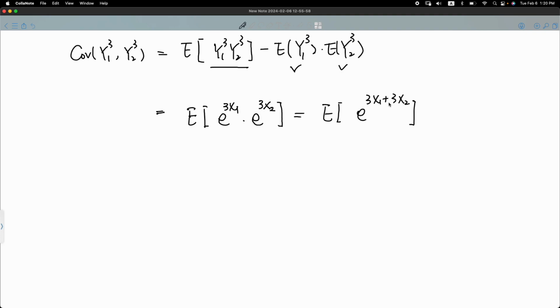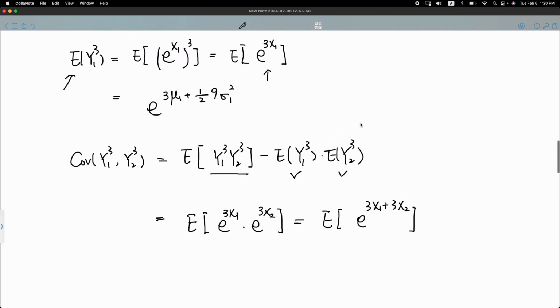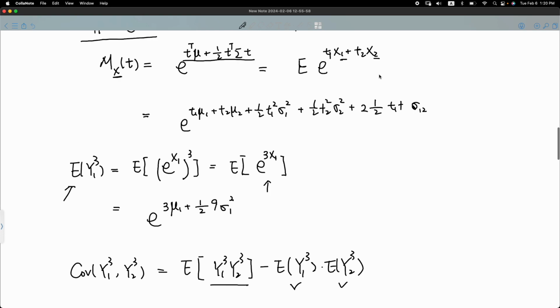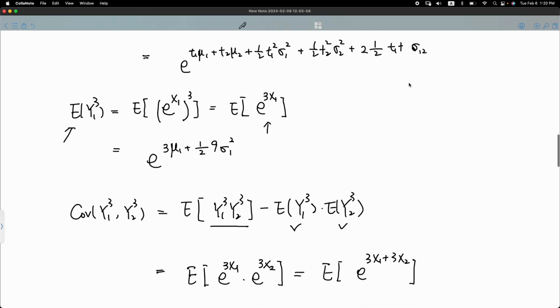From here, we can just bridge again with this. So let me just draw a line here. Evaluate at T1 equal to 3 and T2 equal to 3. So plug in T1, T2 equal to 3 in this formulation. You will get the first part and then minus the expectation of the individual, and then you will get your final solution. Any question or comments?